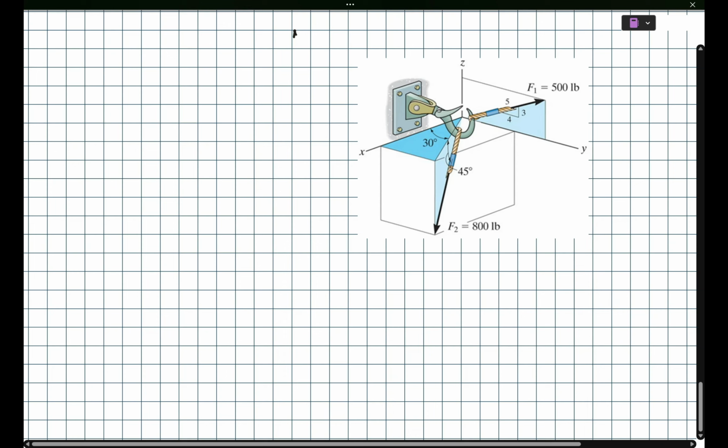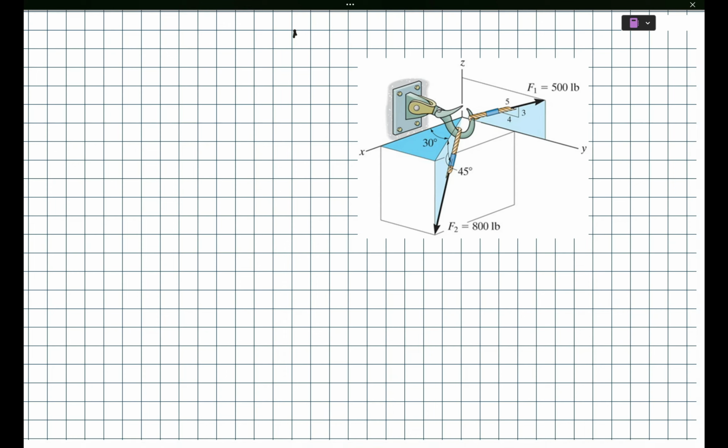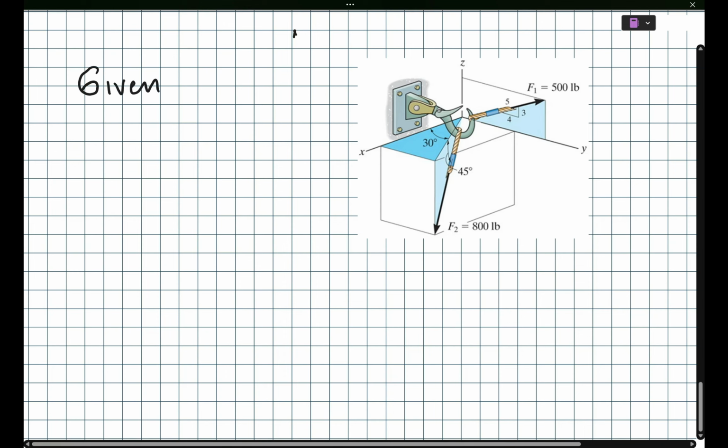Let's begin with an example. So let's say we're given the diagram to the right that we have two forces. We'll call them F sub 1 and F sub 2 as noted in the diagram. These two forces are actually applied to a hook.